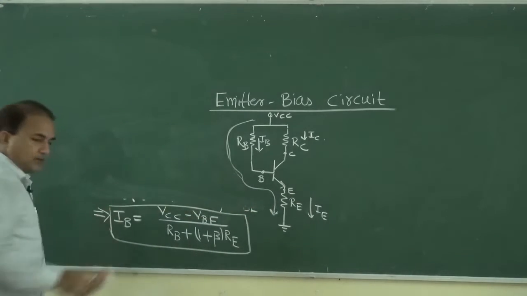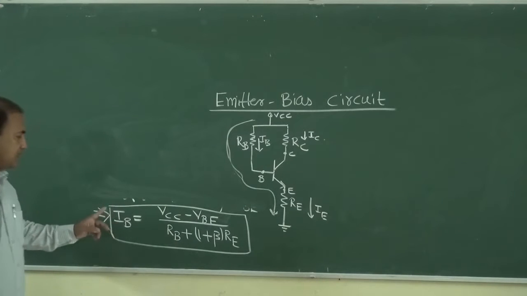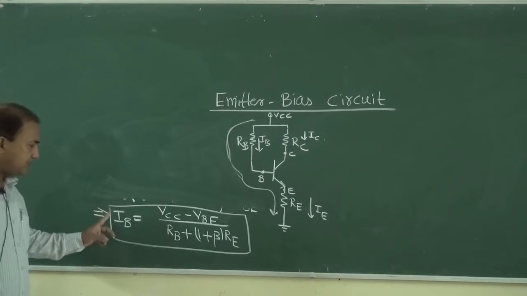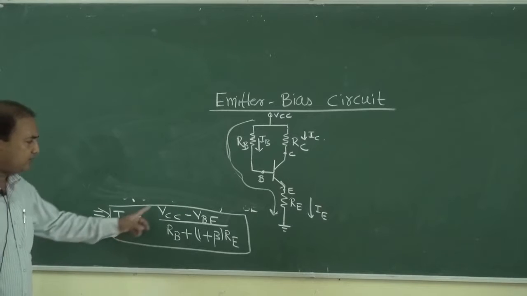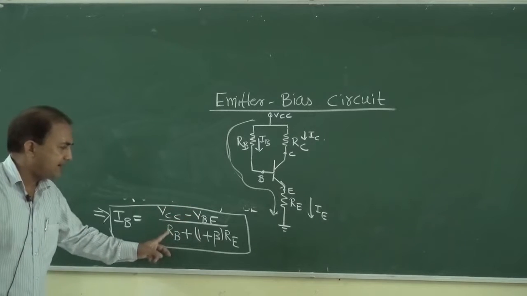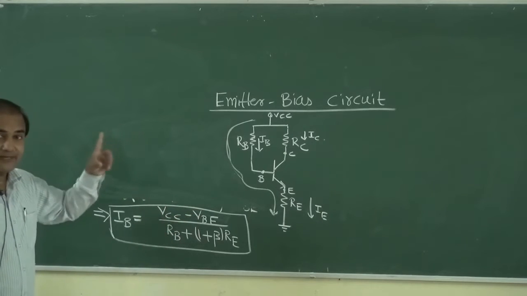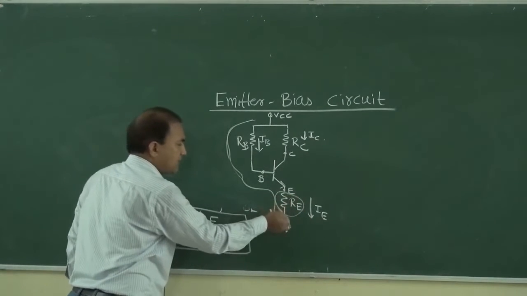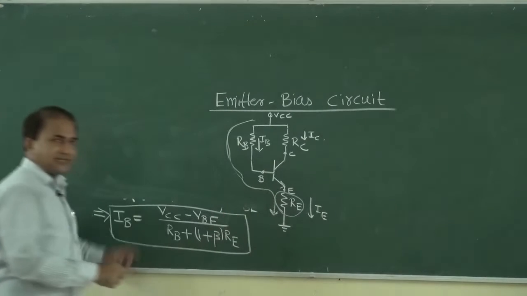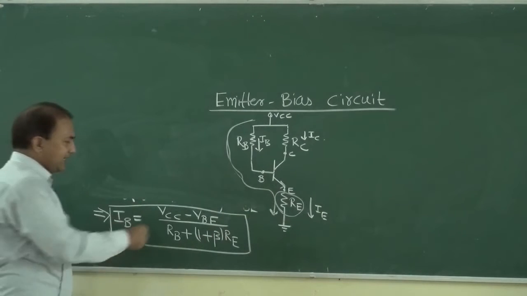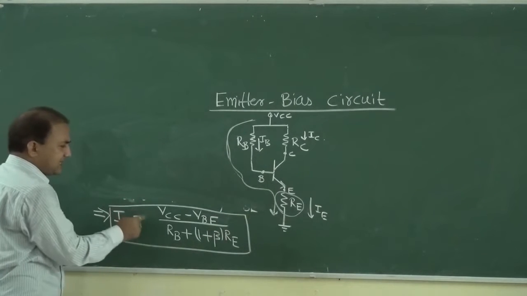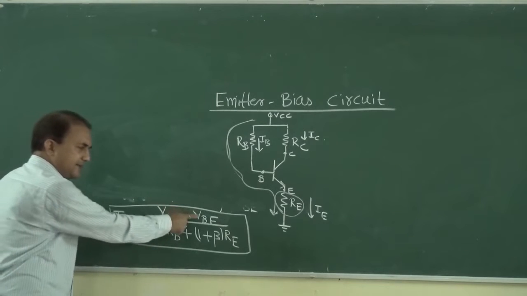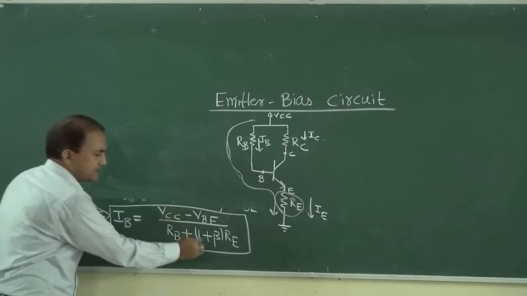So in fixed bias, the expression of IB, it is equal to VCC minus VBE divided by RB only. But in emitter bias circuit, because of connecting resistor RE, IB now has changed to VCC minus VBE divided by RB plus this term.